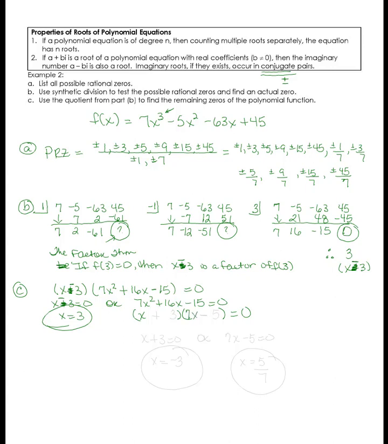And factors of 15, we have 3 and 5, and then we have a plus sign with the 3 and a minus sign with the 5. So we're going to set each factor equal to 0 and solve. So our first actual zero is 3, our second actual zero is negative 3, and our third actual zero is 5/7.